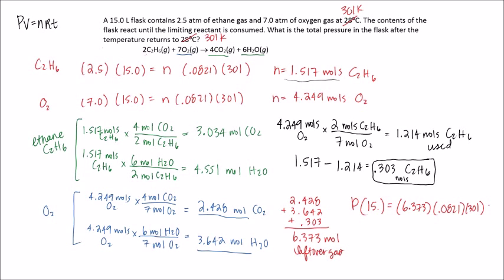So if you do that math, you get the pressure equals 10.5, and I believe I rounded to 10.5 ATM. So the total pressure in the flask after the temperature returns to 301 Kelvin, you get 10.5 ATM. And that right there is our answer.